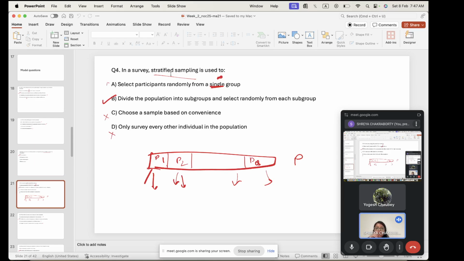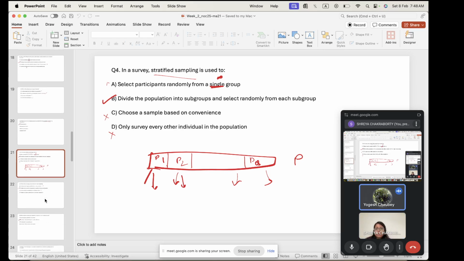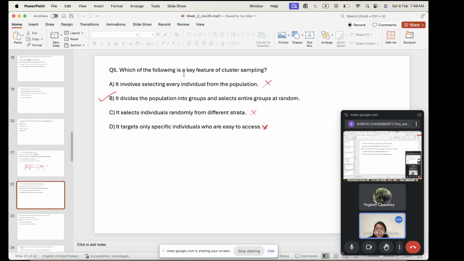The next one was this one. In a survey, stratified sampling is used to divide the population into subgroups and select randomly from each subgroup. This is the correct answer. We are going to learn about this in subsequent classes, but this is just brief. What is a key feature of cluster sampling?